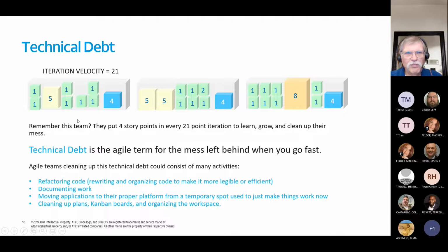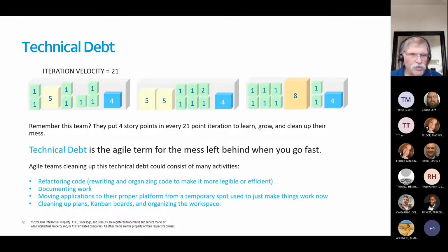But realize that every iteration you need to devote some capacity to technical debt. Otherwise, it's going to pile up and pile up and pile up, and it's going to look like my desk, which is terrible right now. I've got a lot of technical debt here.